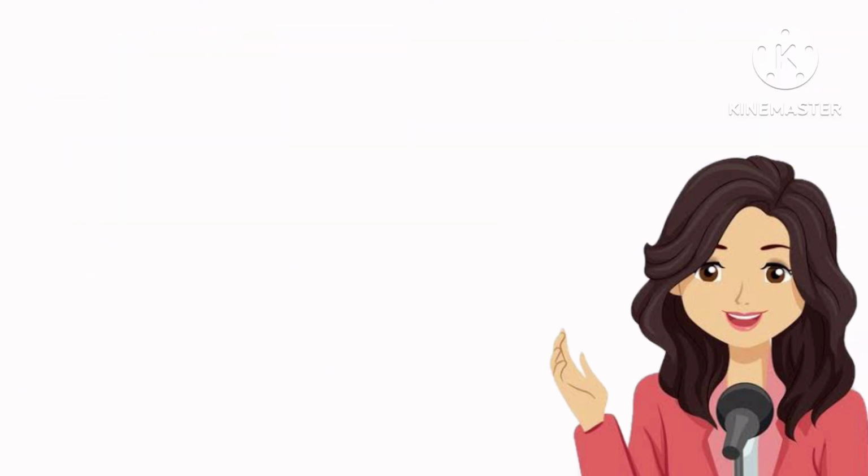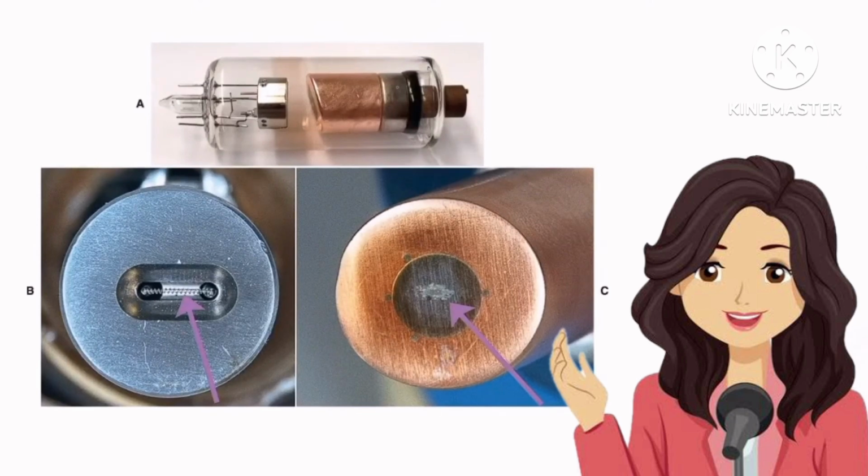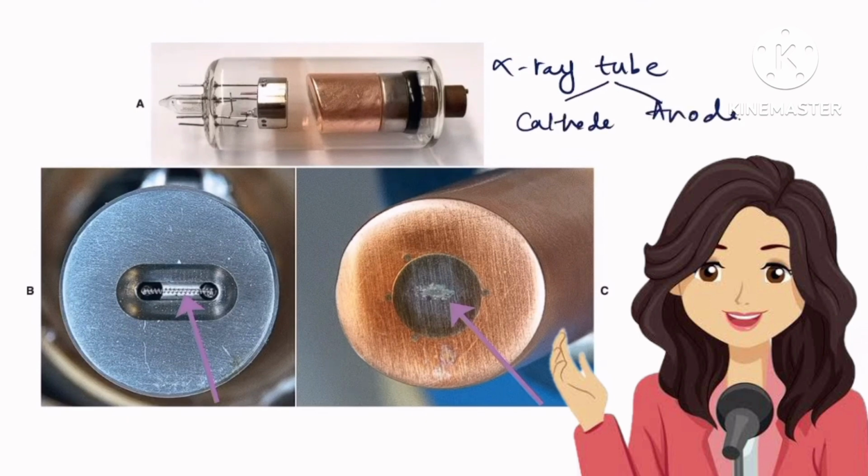Now we'll move on to the X-ray tube. This is how an X-ray tube looks. An X-ray tube basically consists of a cathode and an anode. The cathode is negatively charged, the anode is positively charged.